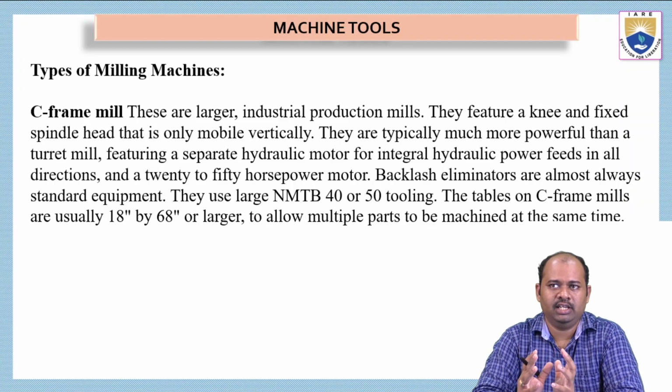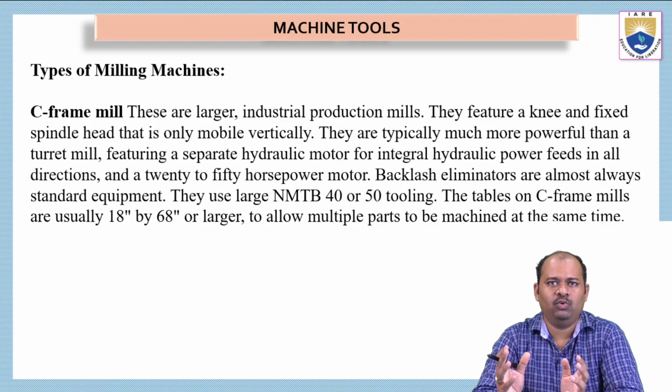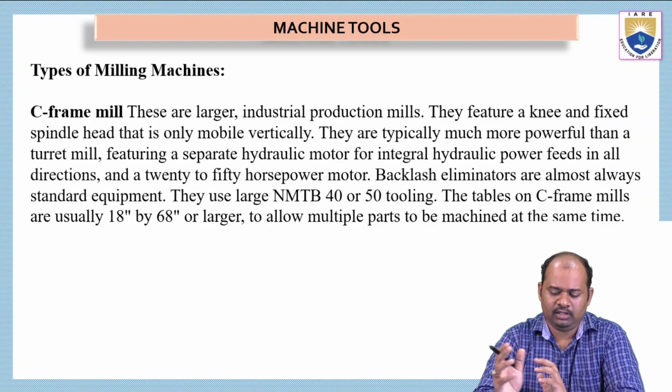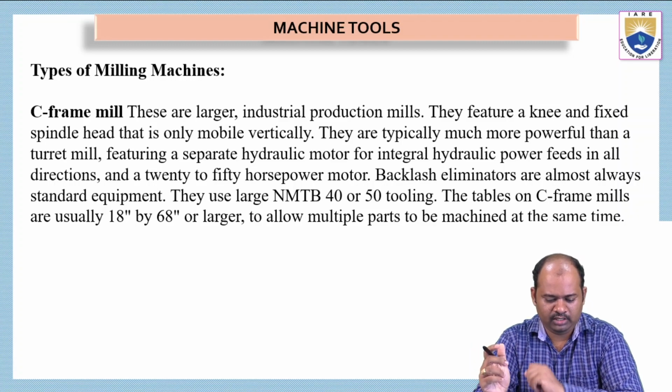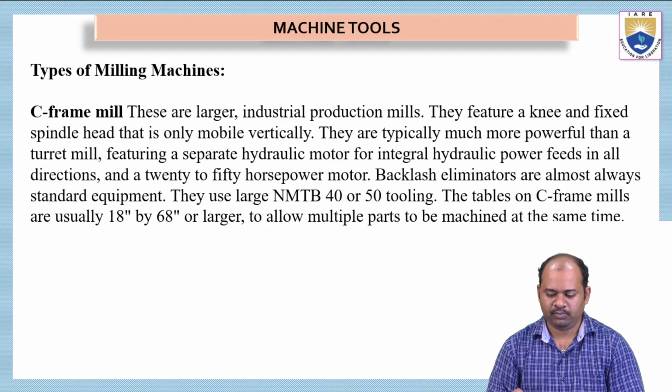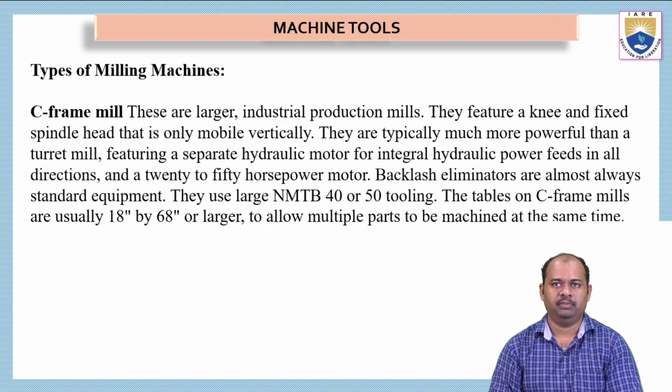Backlash eliminators are almost standard equipment, since backlash is always possible in C-frame mills. C-frame mills use large NMTB 40 or 50 tooling. The tables on C-frame mills are usually 18 by 68 inches or larger to allow multiple parts to be machined at the same time.